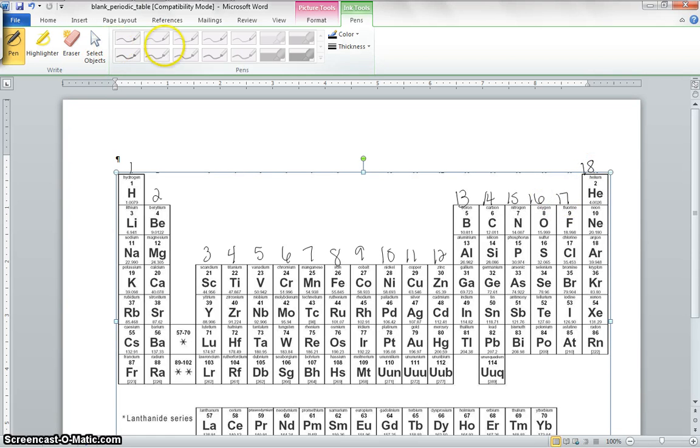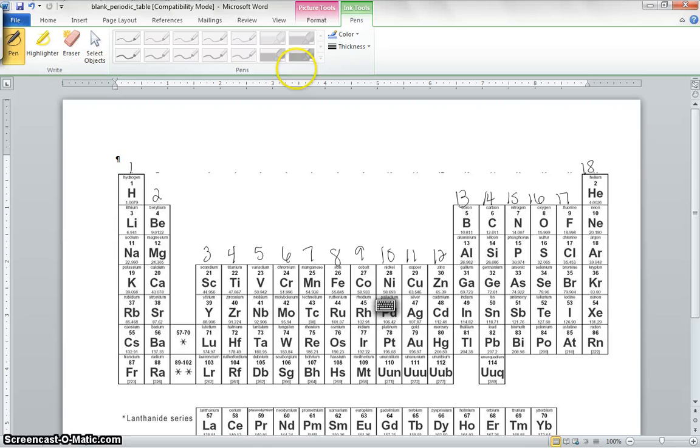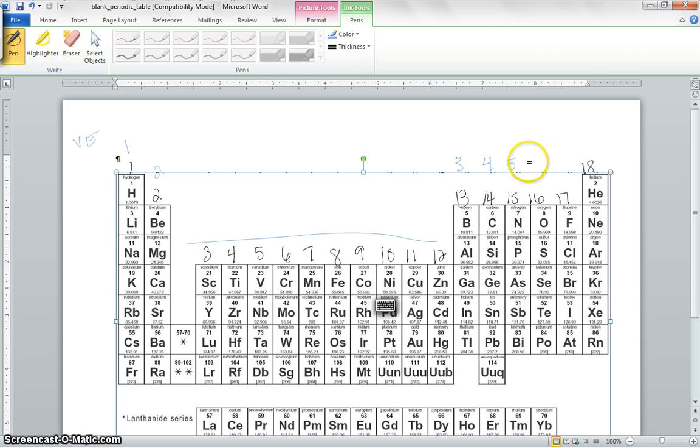For valence electrons, I'm going to go ahead and put them in a different color, I'll put them in blue. Anything in group 1 is going to have one valence electron. Anything in group 2 will have 2. We skip this block. Anything in group 13 will have 3 valence electrons. 14 will have 4, 15 will have 5, 16 will have 6, 17 will have 7, and 18 will have 7, sorry. And we'll have 8.